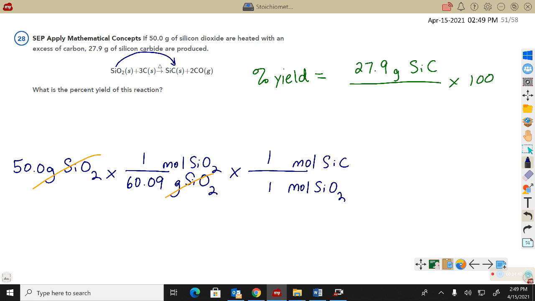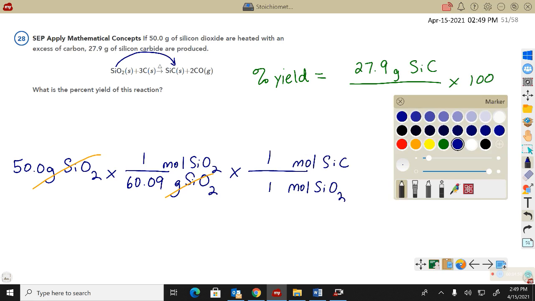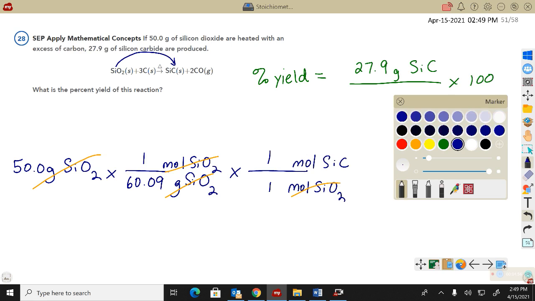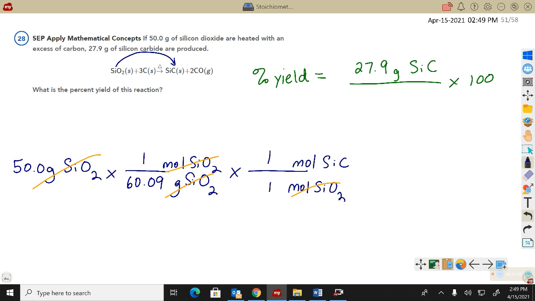And I get that it's a 1-to-1 ratio, and that's not really going to change my final math, but it lines up my units, and nothing makes me happier than seeing my units cancel. And finally then, I want this back in grams. So I'll take moles of silicon carbide, and we want grams.